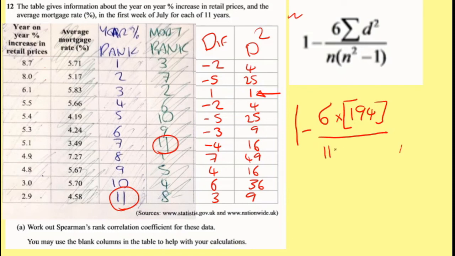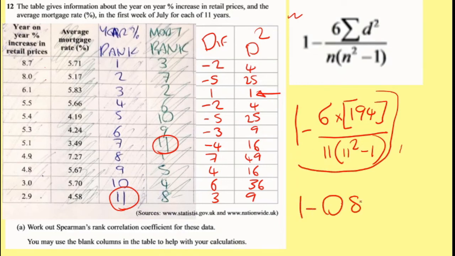So I've got 11 times 11 squared minus 1. Essentially you can type it all into your calculator, but make sure you write this little bit here. So I end up doing 1 minus 0.882, which is 0.118.